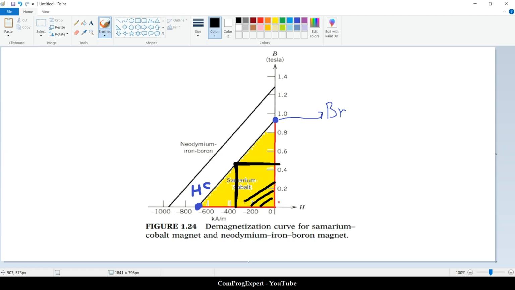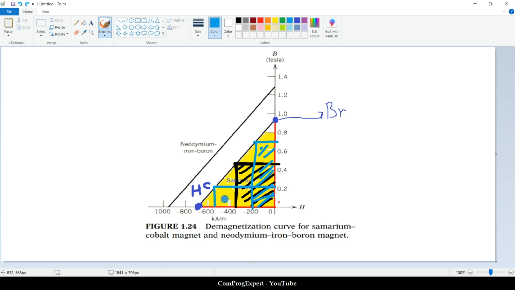So this is the point where we get the maximum energy product, the maximum area. If we consider this point, the area is lower than the previous one. And if we consider this point, again, the area will be lower than the previous one.